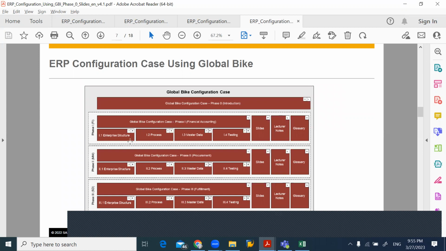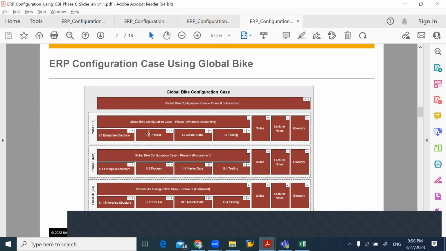If you see here, in phase 1, that is finance, the first is enterprise structure. Then we have business processes, where we configure the parameters. Then we have master data, where we'll create some master data. And then we will do the testing.